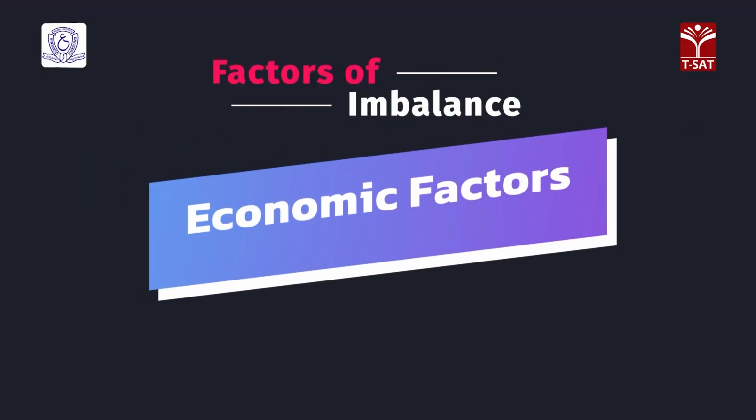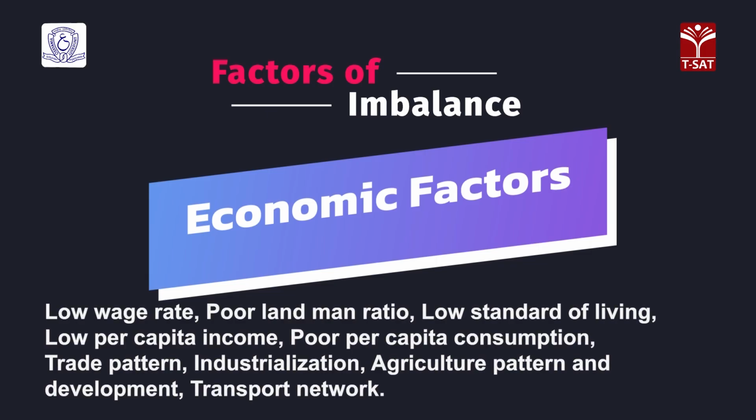Economic factors. The economic factors include low wage rates, poor land-man ratio, low standard of living, low per capita income, poor per capita consumption, trade pattern, industrialization, agriculture pattern and development, and transport network.